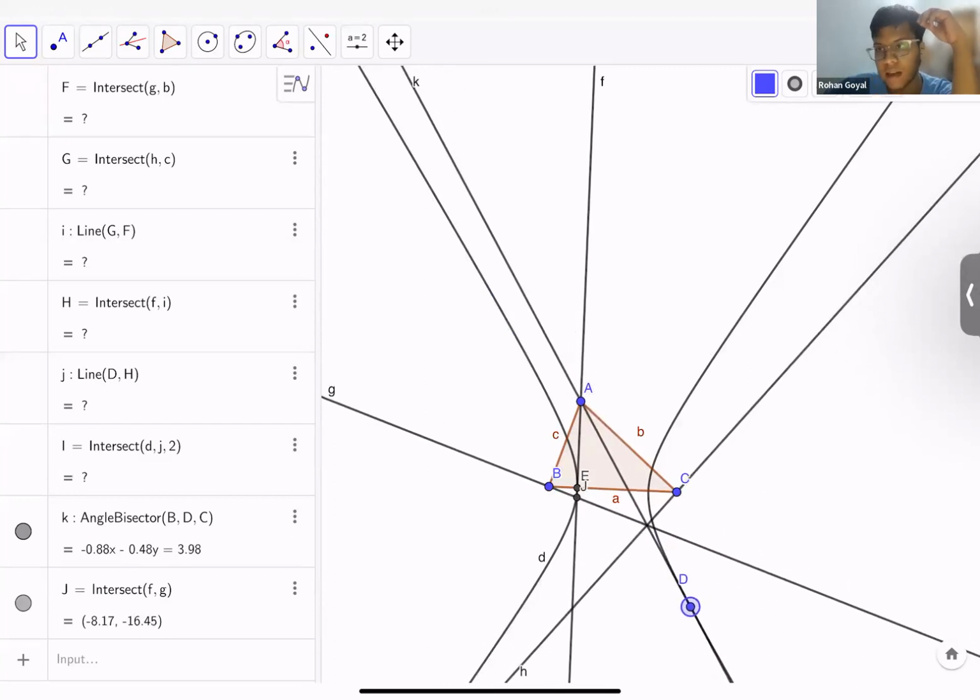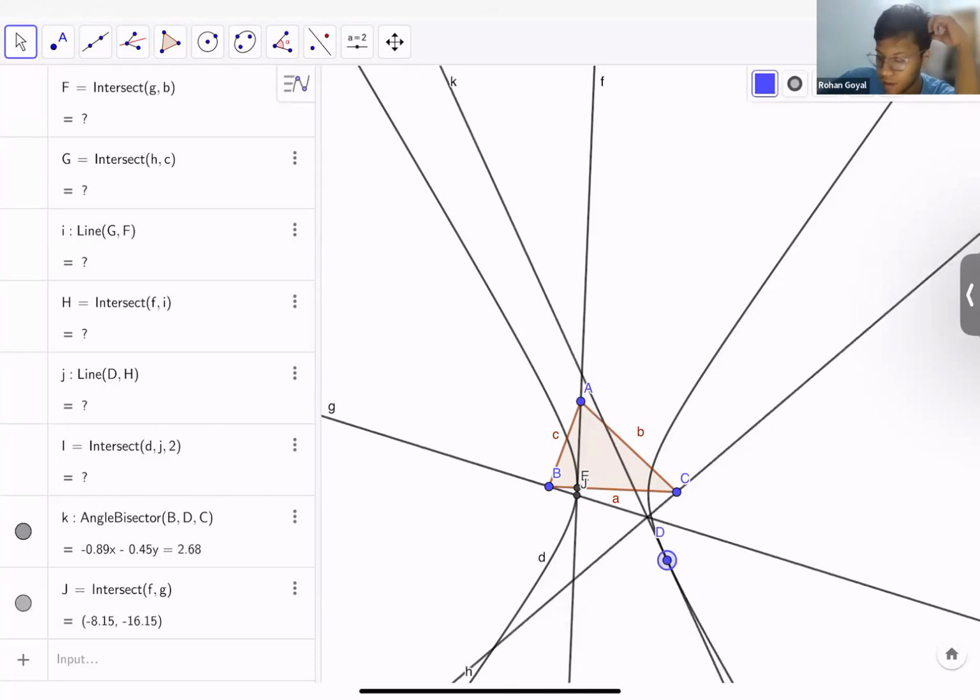But what would that mean? That dA is tangent to the hyperbola. So that fixed point should be the point at which A's tangent touches the hyperbola, right?